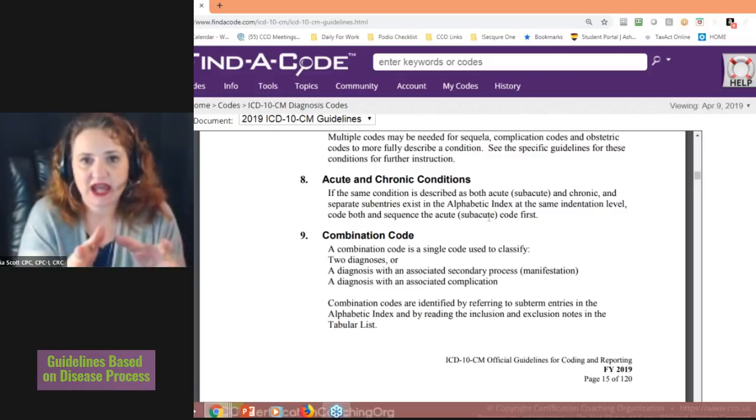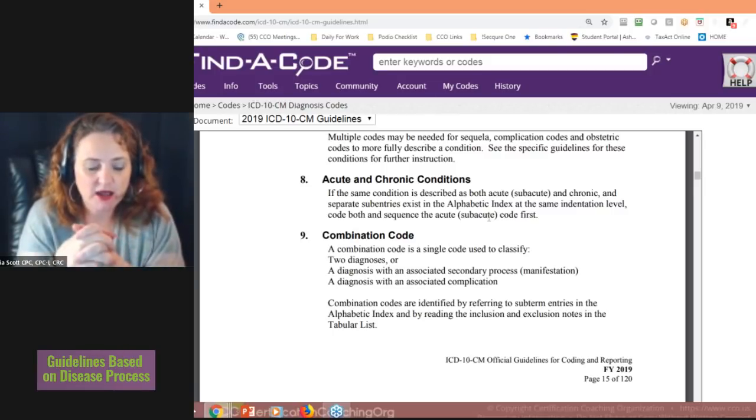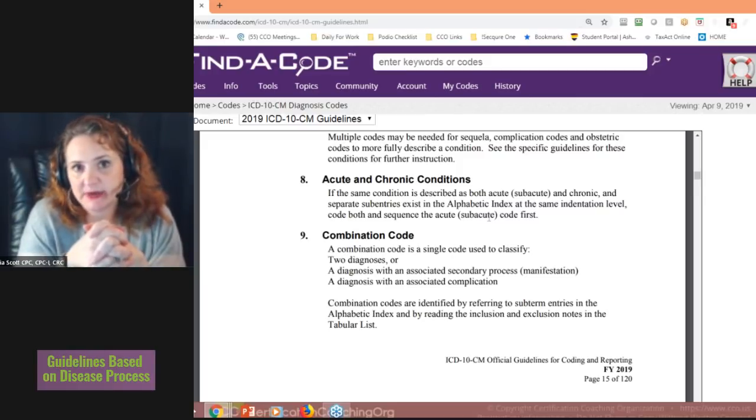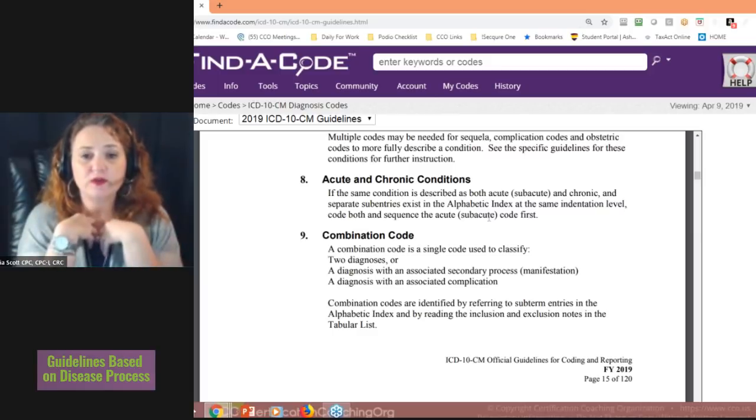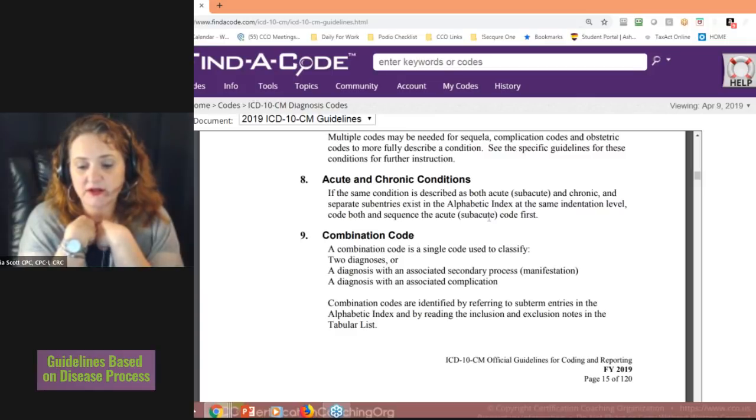If a person has a, I usually always go, when I talk about acute and chronic, to asthma. But let's say that we have a person that has an acute asthma attack, okay? And they also have another condition of the lungs.